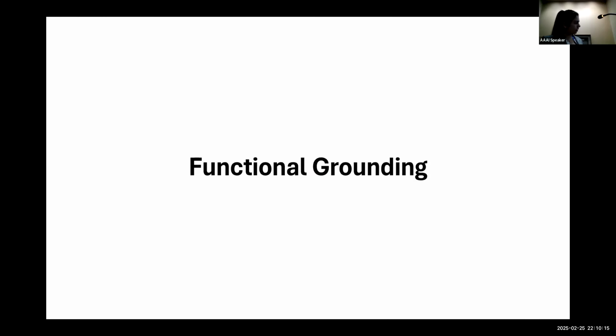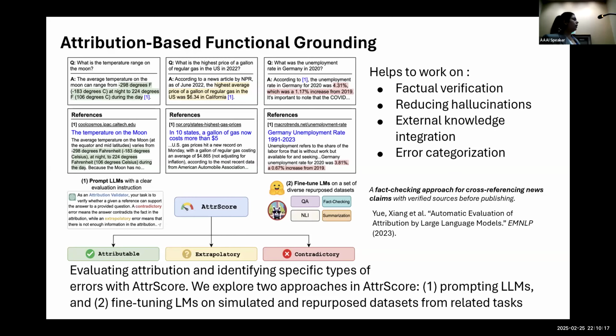Let's talk about functional grounding. Functional grounding helps us to factually verify, reduce hallucination, integrate external knowledge, and also categorize errors. For an attribution-based system, we have three types of labels: attributable, extrapolatory, and contradictory.